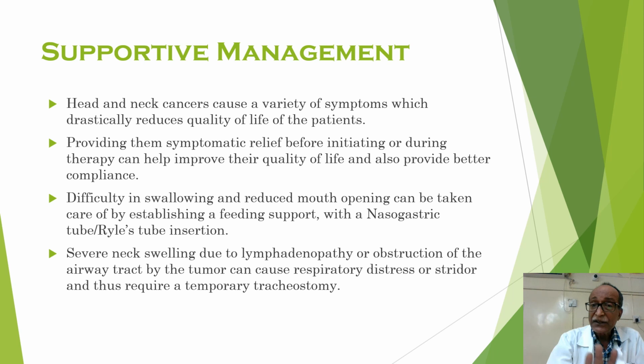All these factors may land the patient in an emergent condition, where a sudden deterioration of respiration may require a tracheostomy. A sudden blockage of the pipe requires a feeding jejunostomy or a Ryle's tube version. And there is a constant requirement of managing pain. All these are supporting measures. It is a comprehensive field of supporting measures which involves physiotherapists to a large extent.